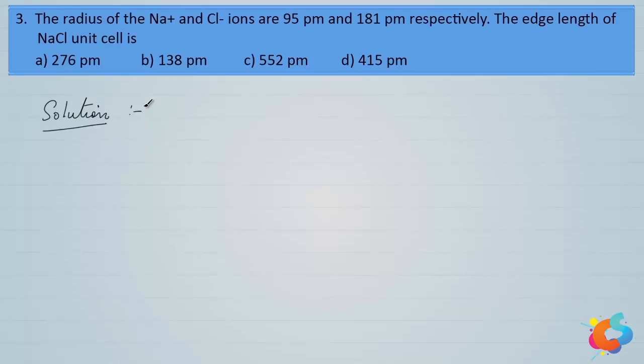The solution is, we know that NaCl has FCC structure. In FCC lattice, we have R plus R minus is equal to A by 2. Therefore, the edge length A can be given as 2R plus 2R minus.